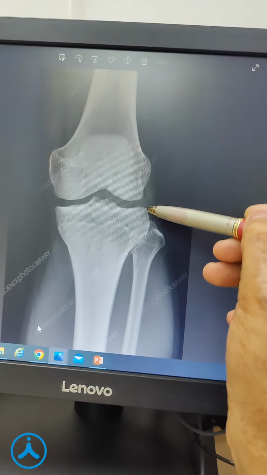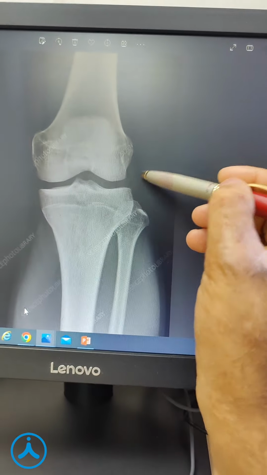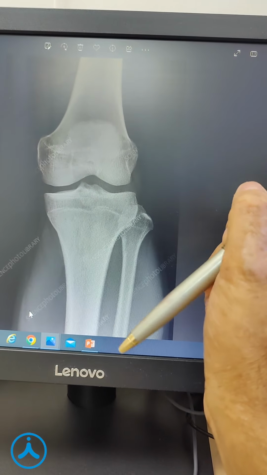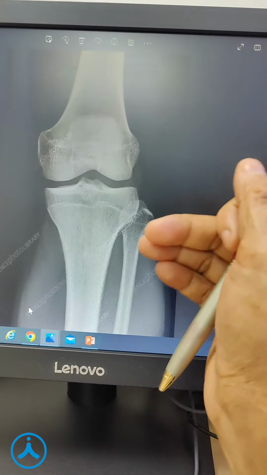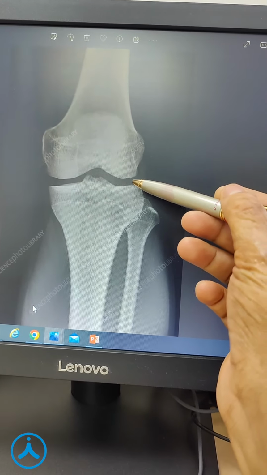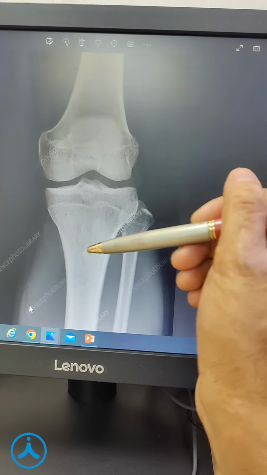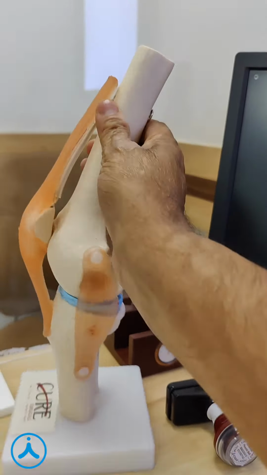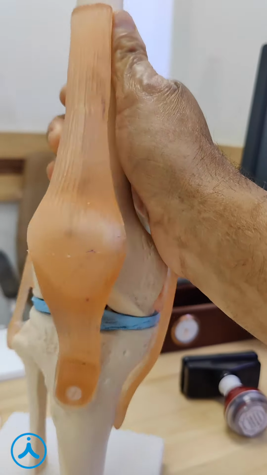What is that? This radiolucent area is because of two things. First is the cartilage covering the distal femur and proximal tibia, and second is the soft tissue in between the bones.